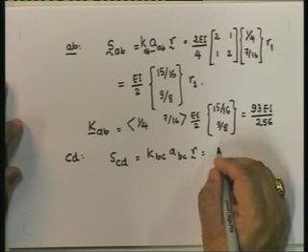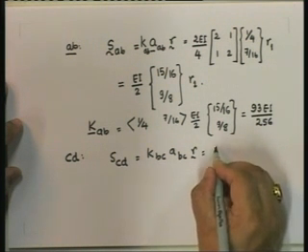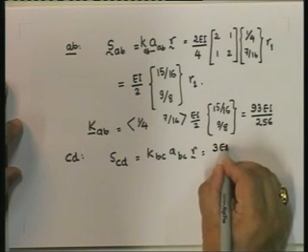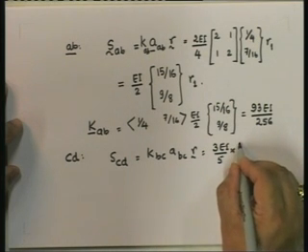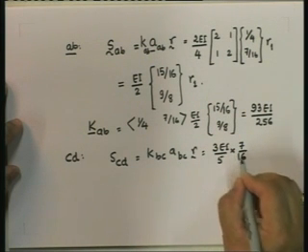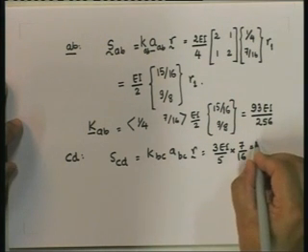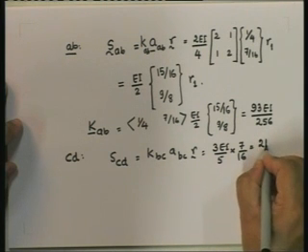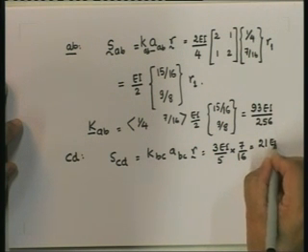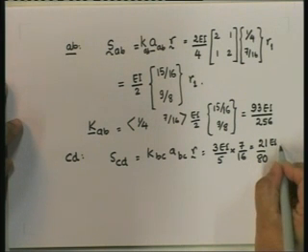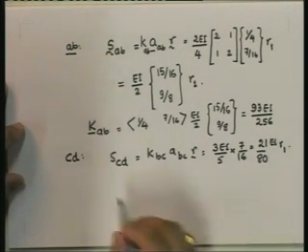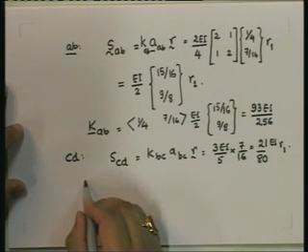So it's going to be equal to 3EI upon 5 into ABC is 7 by 16. So this is going to be equal to 21 EI upon 80 into R1, okay.